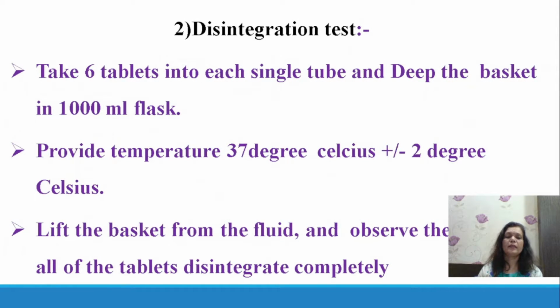This particular test we perform by taking 6 tablets, one in each tube, and dipping them in a basket in a 100 ml flask, where we provide a temperature like our body temperature, plus or minus 2 degrees Celsius. Then lift up the basket from the fluid to observe the disintegration, whether it is completely carried out.